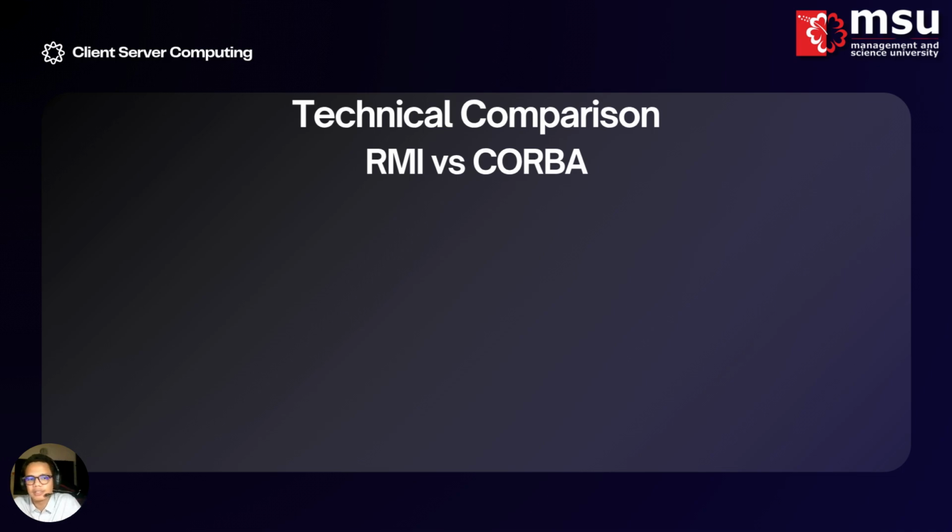In terms of language support, RMI only supports Java, while for Corba, it is multi-language. For deployment, RMI is much simpler, while for Corba, it is much more complex. And in terms of scalability, RMI is medium, while Corba is high. So the best use for RMI is Java system, while for Corba it is heterogeneous systems. Therefore, we can see that Corba is much more complex in terms of all the five criteria.